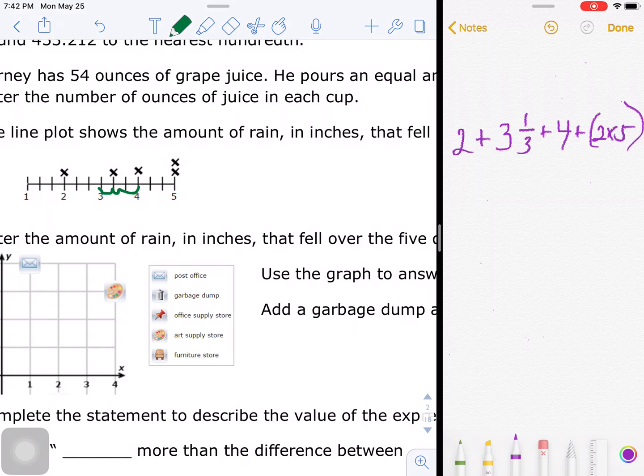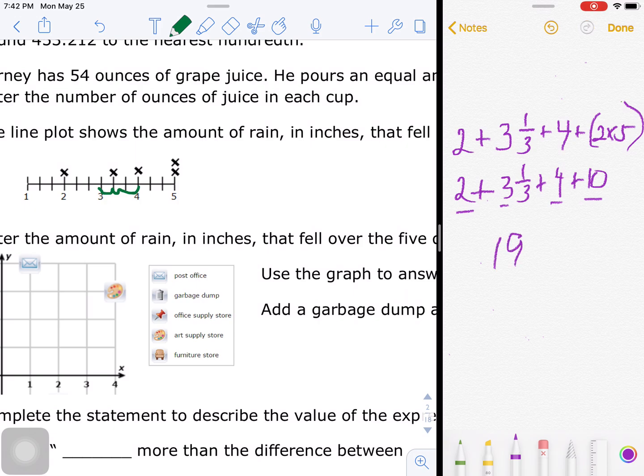Okay, so now I'm going to simplify this. So it's 2 plus 3 1/3 plus 4 plus 10. I can do that in my head, add all my whole numbers up, right? 2 plus 3 is 5, plus 4 is 9, plus 10 is 19.